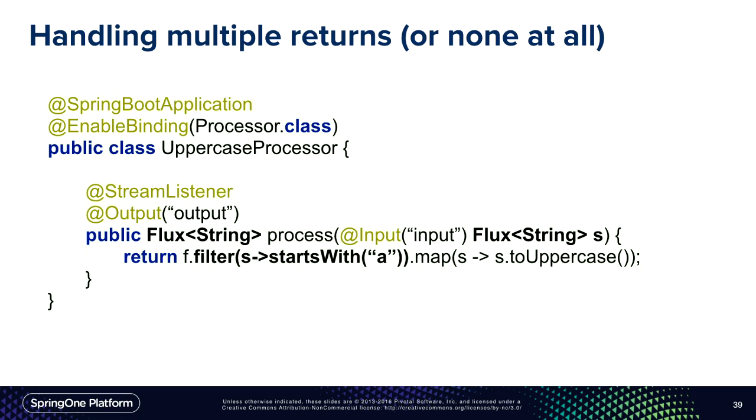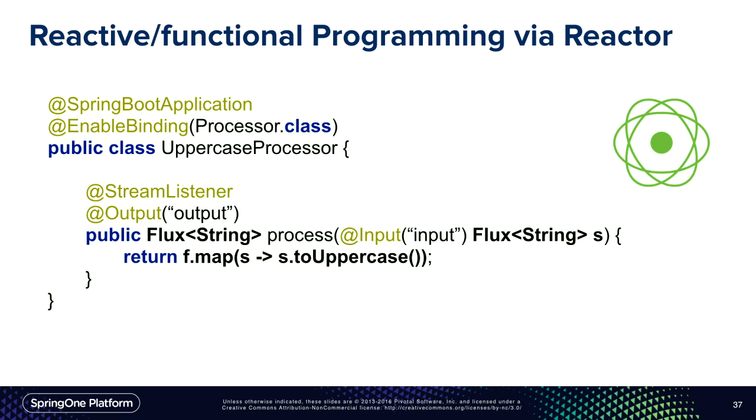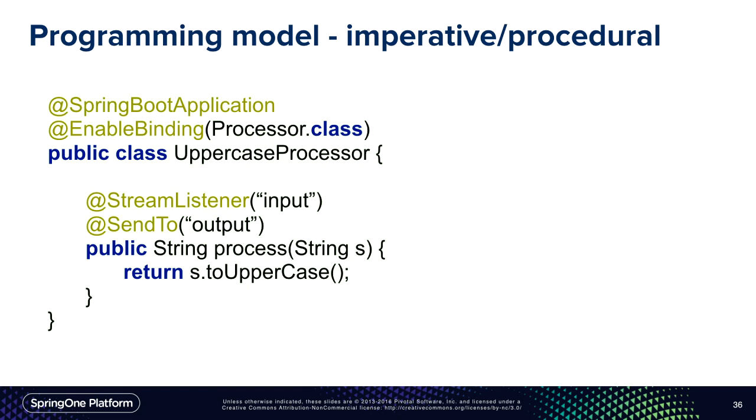What if I want to handle multiple returns? What if I want to filter data and I have no return data from my method? Now, if I go with the previous model, what do I do here? Do I return a null? Do I return some kind of other value to tell the framework that actually I don't want to do anything? A null can mean that, or can actually mean a null, an empty value.